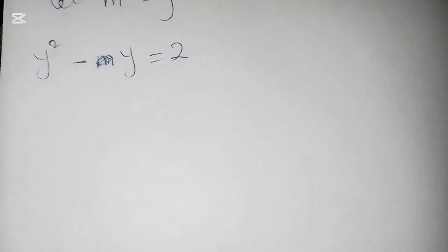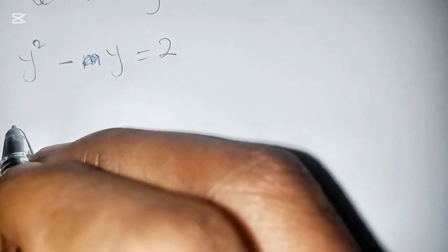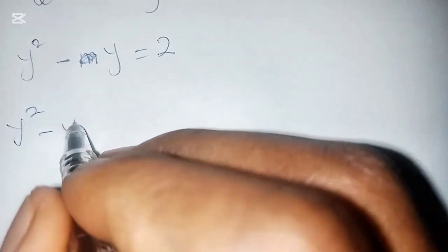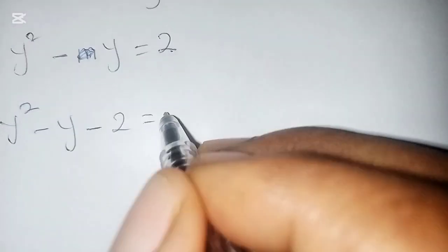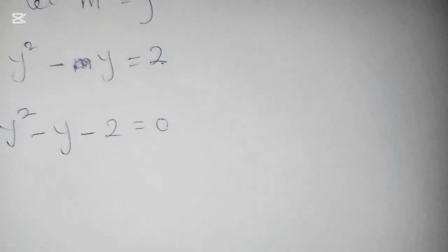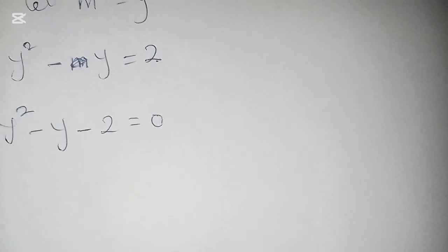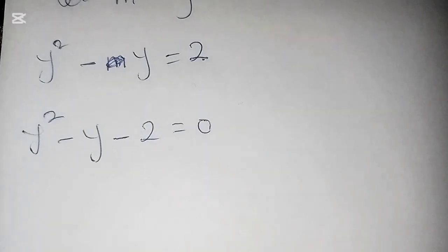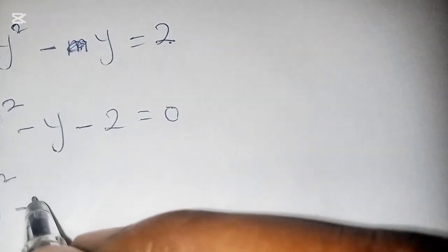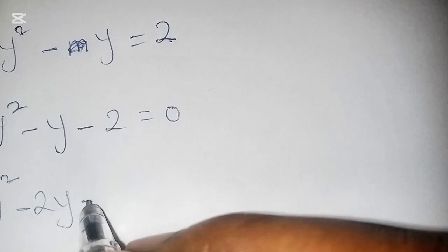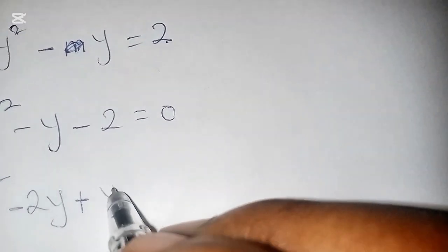We'll be moving the 2 to the other side to make it look like a quadratic equation. So when it's coming to the other side, it becomes negative 2 equals 0. There'll be no need of using the formula method for this one because it's quite easy. We could figure it out using minus 2 plus 1.